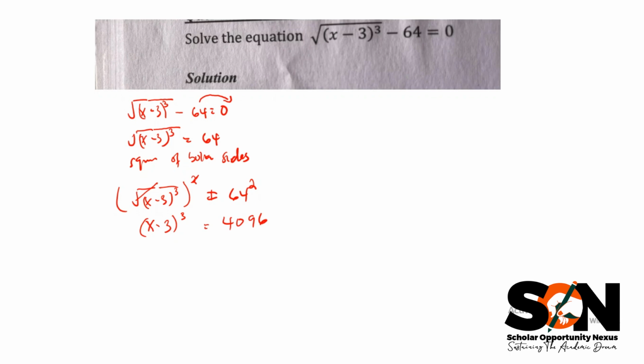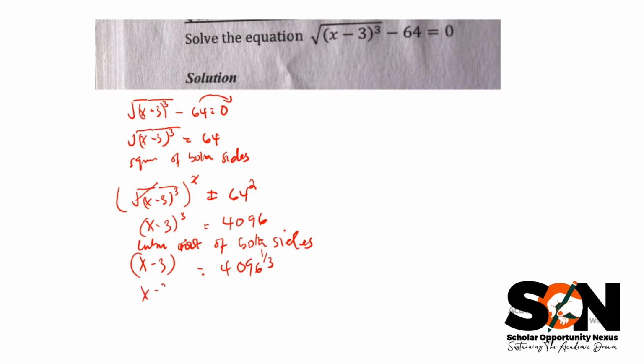Then after getting this, we need to take the cubic root of both sides, and that should give us x minus 3 equal to the cubic root of 4096.